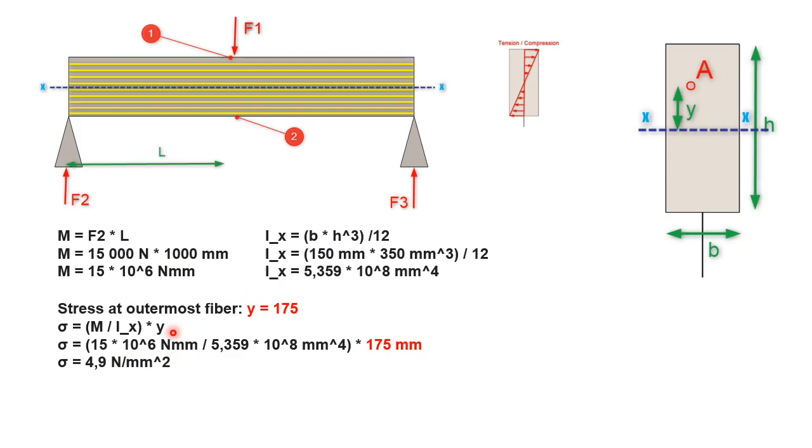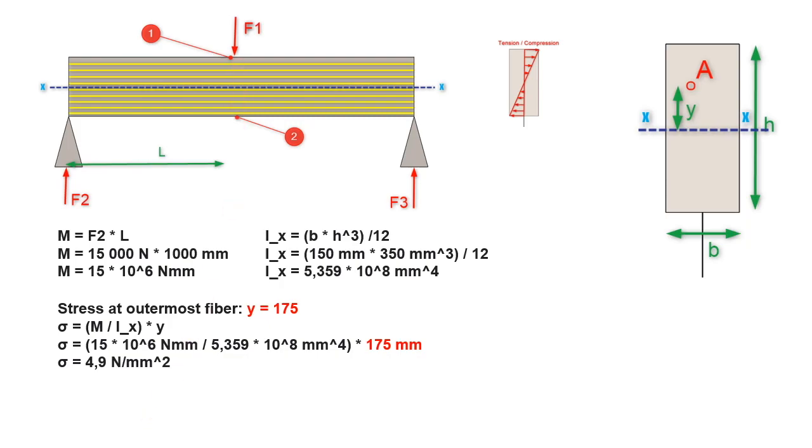What you do is calculate the moment divided by the second moment of area, and multiply it with the distance from the neutral axis up to the outermost fiber. Here, this is 175 millimeter, because the height of the whole beam was 350 millimeter. This gives a stress of 4.9 Newton per millimeter squared at the bottom here, which is tension, or at the top here, which is compression. It's the same.